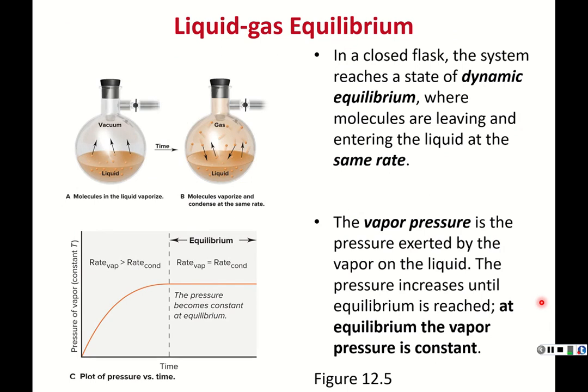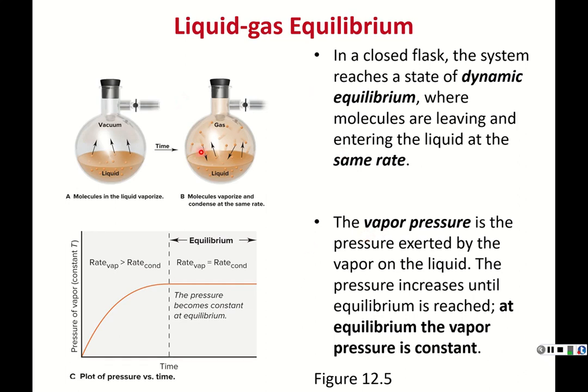Okay, let's say we put a liquid in a closed flask and create a vacuum on it and seal it off. There's going to be an equilibrium. So there's going to be a certain amount of the liquid substance that goes into the gas phase above it.